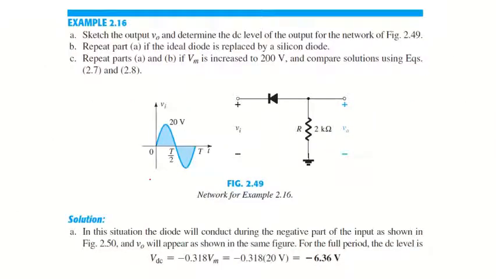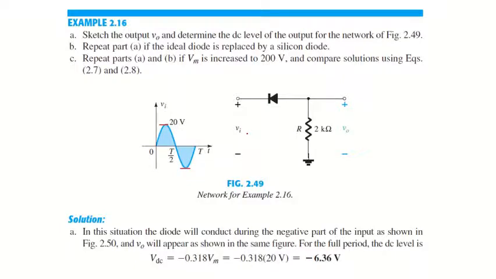Okay, coming to example 2.16, in which we need to sketch the output voltage V0 and determine the DC level of the output for the given network in figure 2.49. So the Vm given here is equal to 20 volts. It means this is minus 20 volts, and it's a sinusoidal signal, and the diode is in the reverse state.